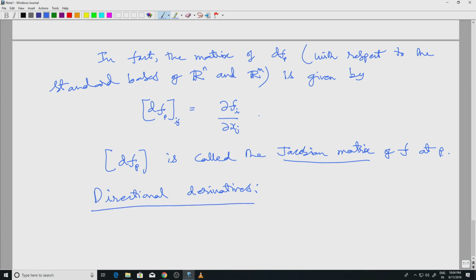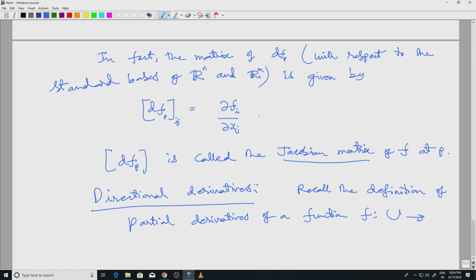Recall the definition of partial derivatives of a function f from U to R, a real valued function defined on an open subset of Rn.